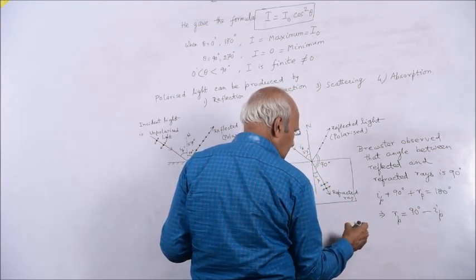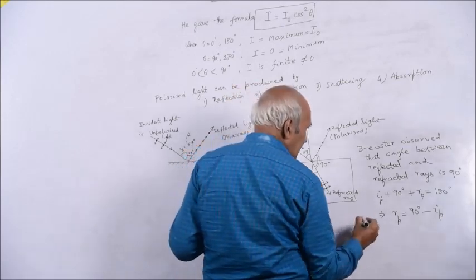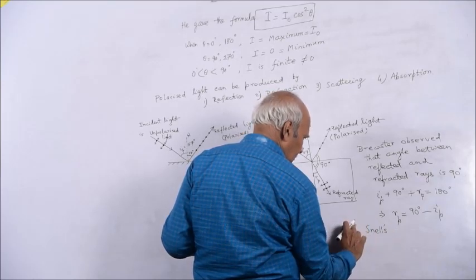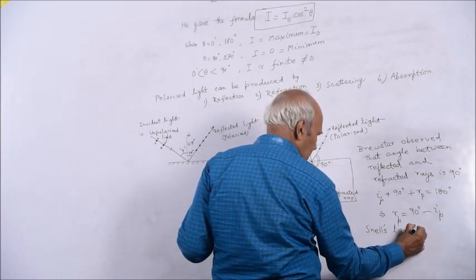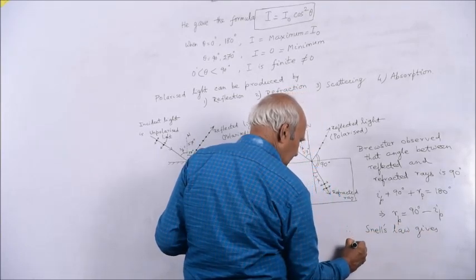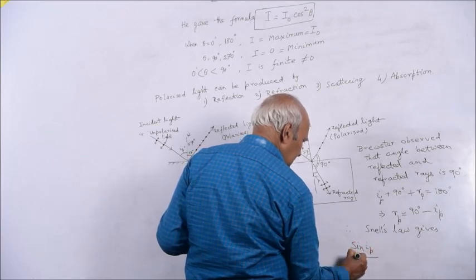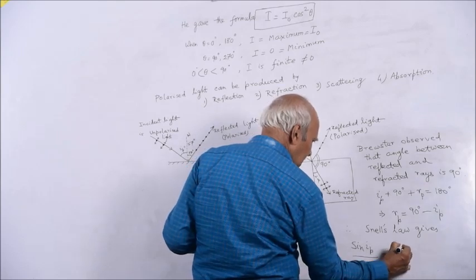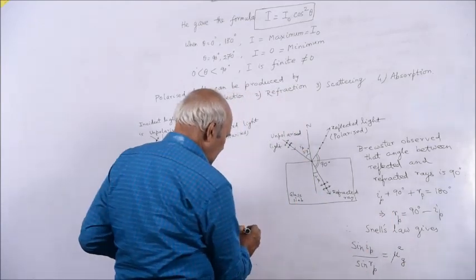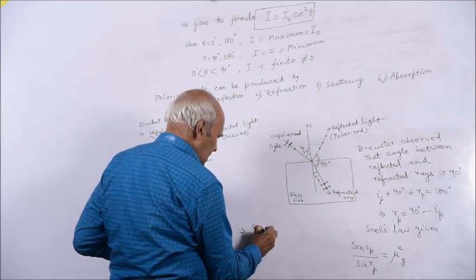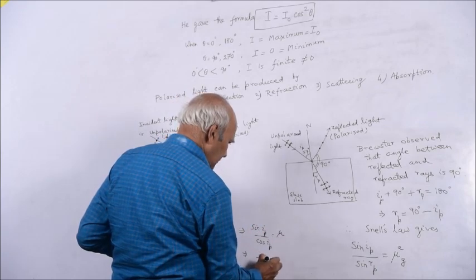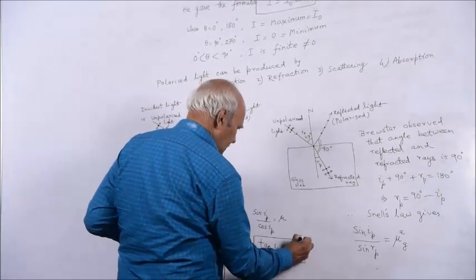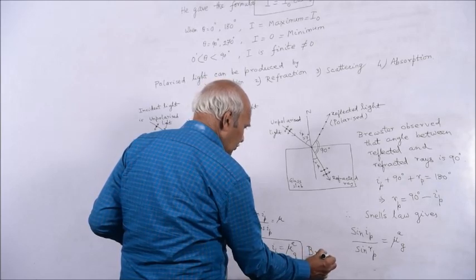So, if you write, then Snell's law gives sin IP by sin RP is equal to refractive index of glass with respect to air, and it is now sin IP by cos IP is equal to mu of glass with respect to air. So, this is called Brewster's law.